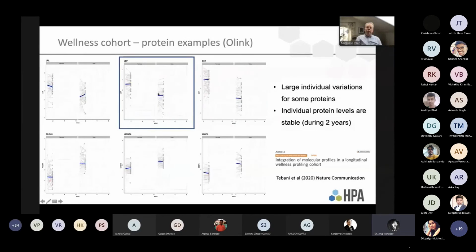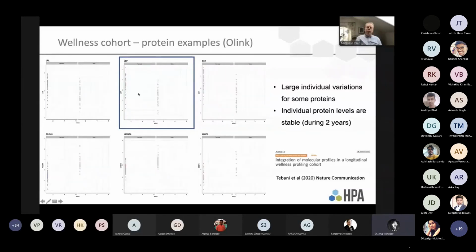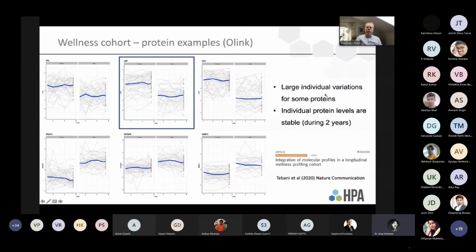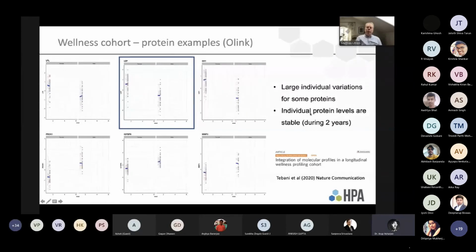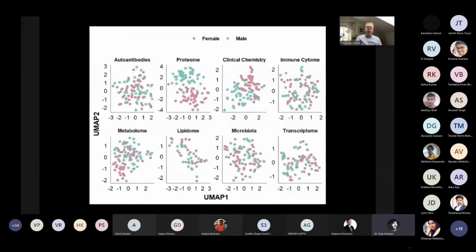And you can see very clearly that females have higher levels, but also very interesting is that the individual levels vary quite a lot, both in the female and male, but they are stable during these 2 years that we have studied it. So there is large individual variation, but the actual individual variations are stable during 2 years. And this is, of course, very, very interesting for all of us.